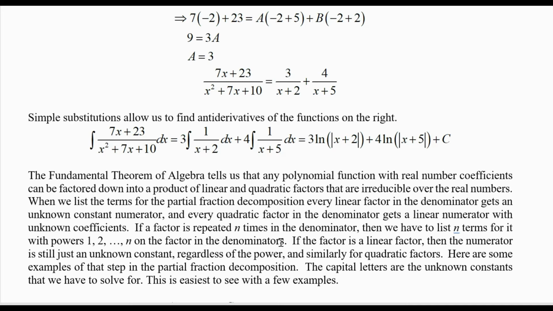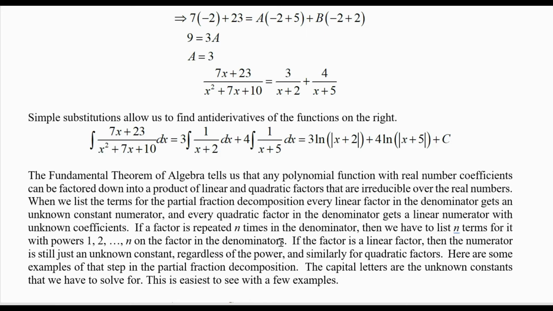If the factor is repeated n times, then we have to list n terms for it with powers 1, 2, 3, up to n on the factor in the denominators. If the factor is a linear factor, then the numerator is still just an unknown constant regardless of the power, and similarly for quadratic factors.